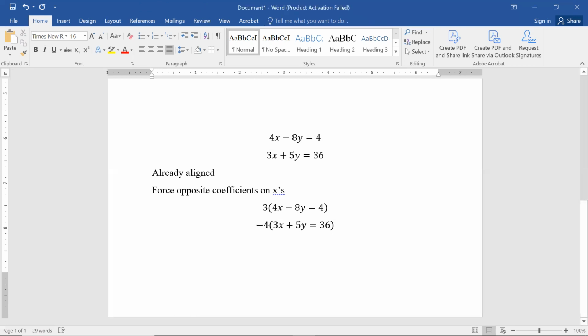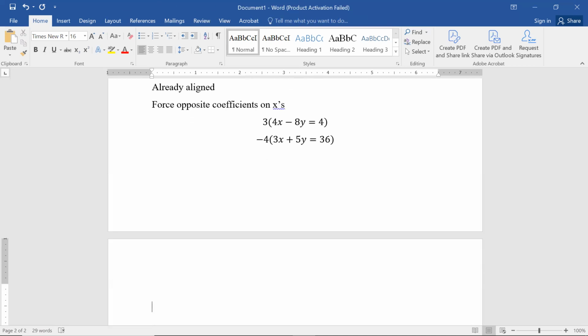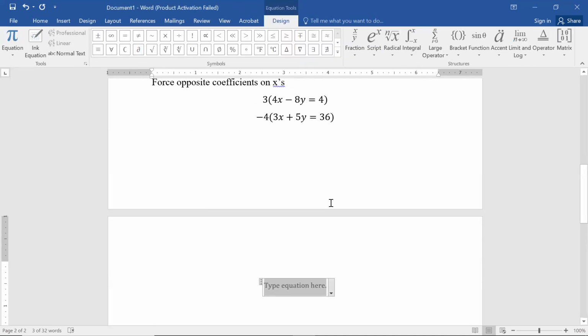And now I'm ready to multiply through. Once I multiply through, the first equation transforms into 12x minus 24y equals 12. My second equation transforms into -12x minus 20y is equal to -4 times 36, which is -144.